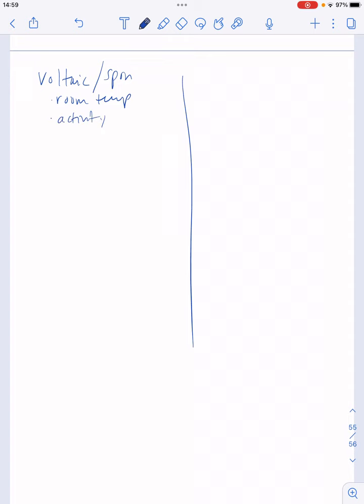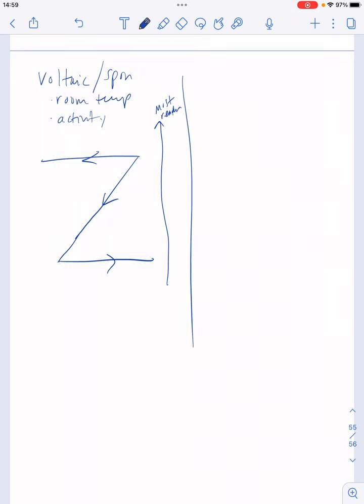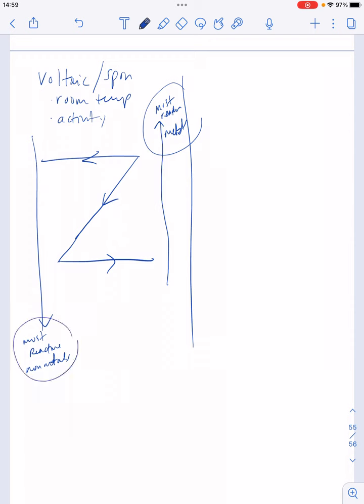The shape that we need to remember is the spontaneous Z. So in our activity series, we have the most reactive metals at the top, and we have the most reactive nonmetals at the bottom. And so the most reactive metals should react with the most reactive nonmetals spontaneously, negative delta G.